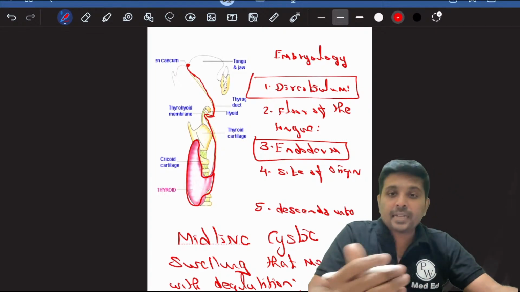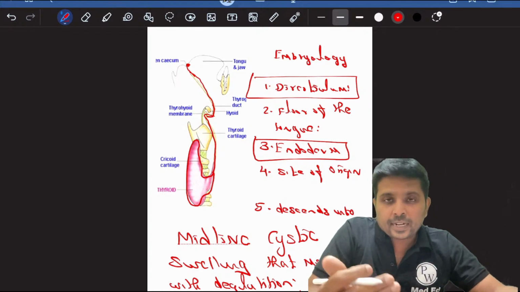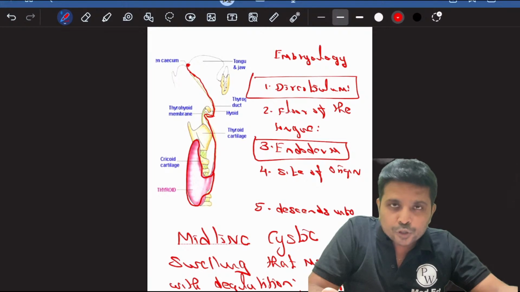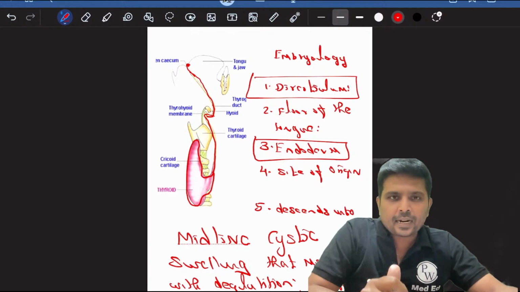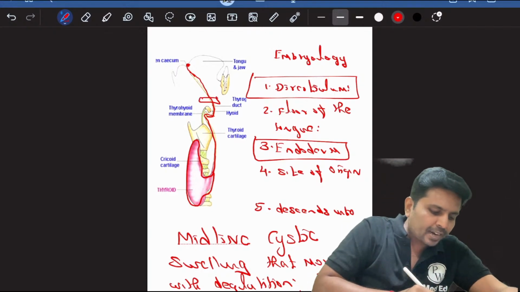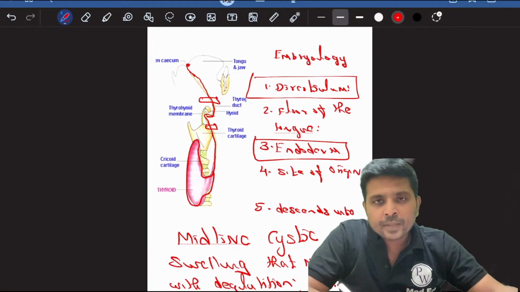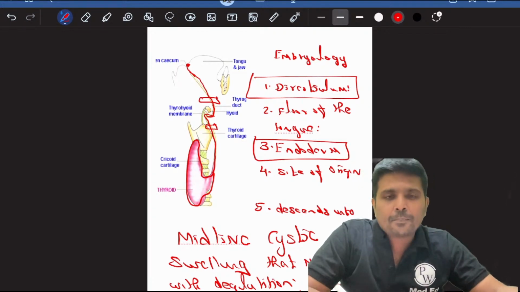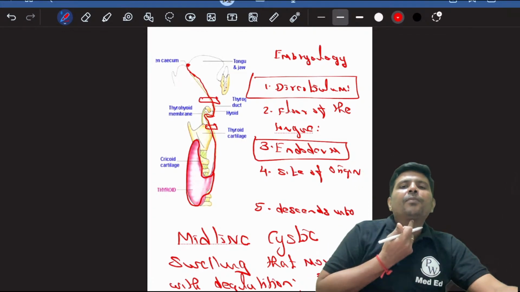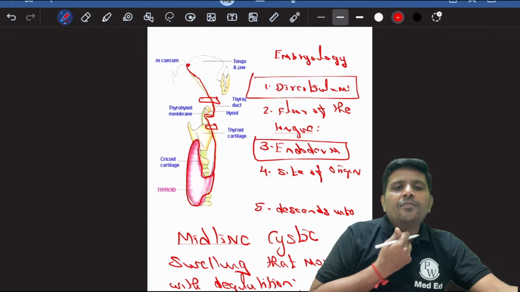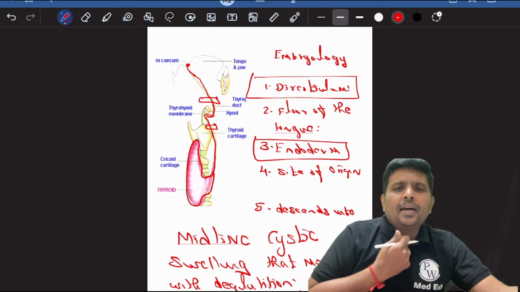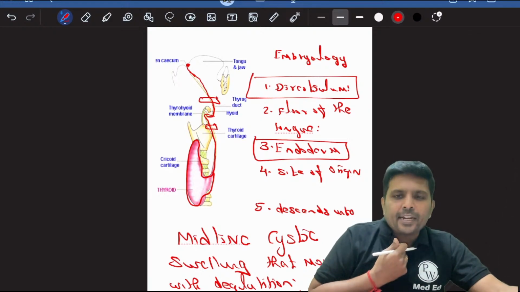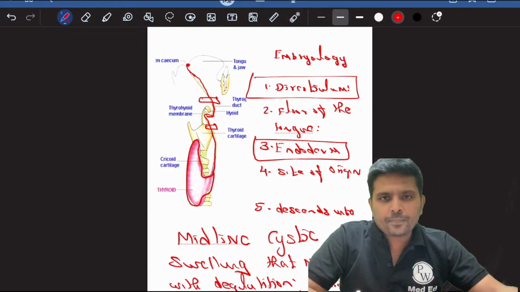Next question: sometimes the endodermal diverticulum that forms at the floor of the tongue, instead of descending to the tracheal cartilage, can stop somewhere in the pathway. It has to come from the foramen cecum, in front of the hyoid bone, in front of the laryngeal cartilages, the cricoid, and then it has to come to the trachea.